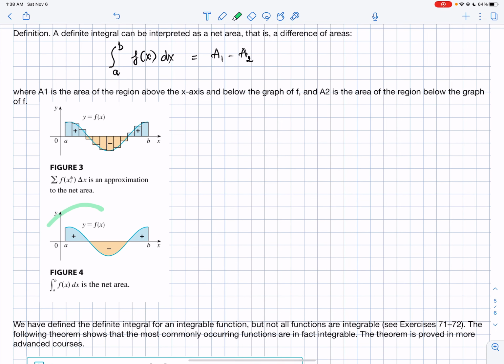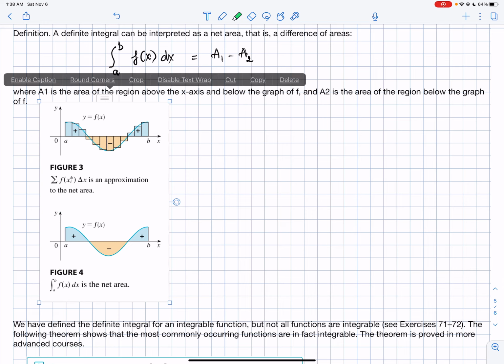And this is the integral that we are using, the other definition, to find the area under the curve of the function f of x.